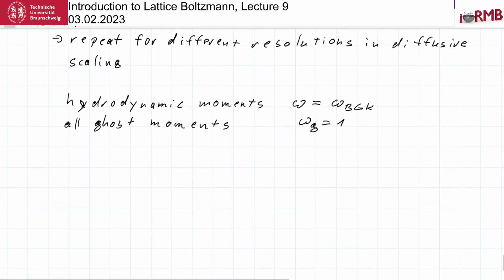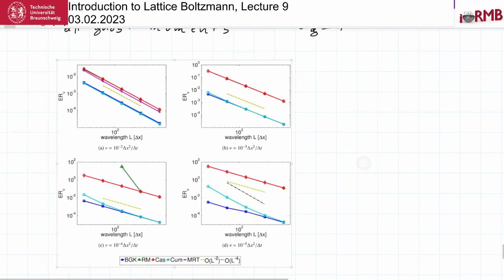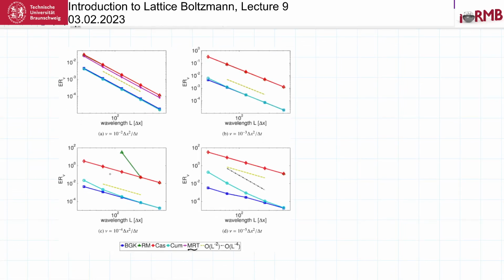So what is going to happen? Let me see. Okay, so we get these things here as a result, and now I have to specify that MRT down here is the classical MRT with the orthogonality.